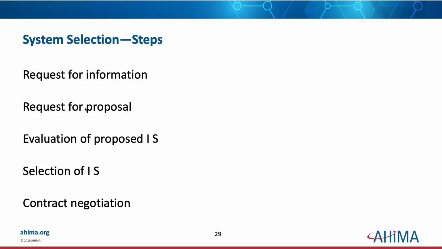And then you have the selection process where you go through and you rate the different vendors. And I've been through all of this. So by the way, this is old hat. And this process, the system selection process, is not just for systems.